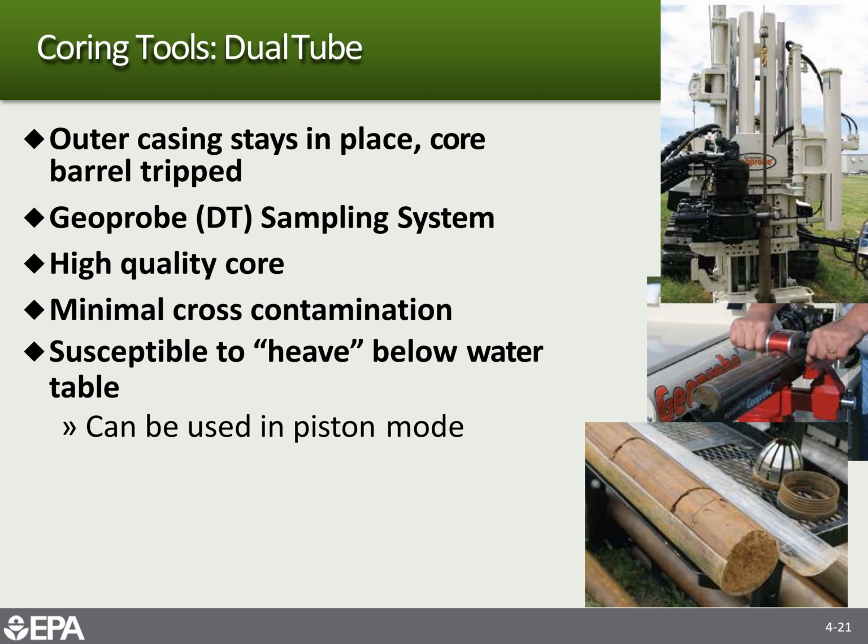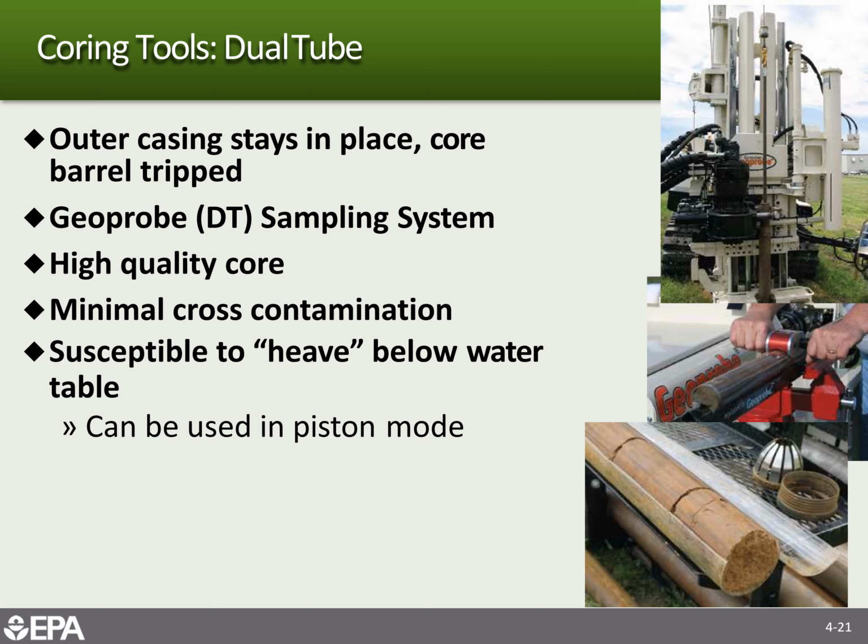It's better because you get a more intact core, and you have less contamination from sloughing in the hole. You get better recoveries. In this case, this guy is using a special tool to split the plastic casing around the outside of the core. And you can see you get 100% recovery with this.